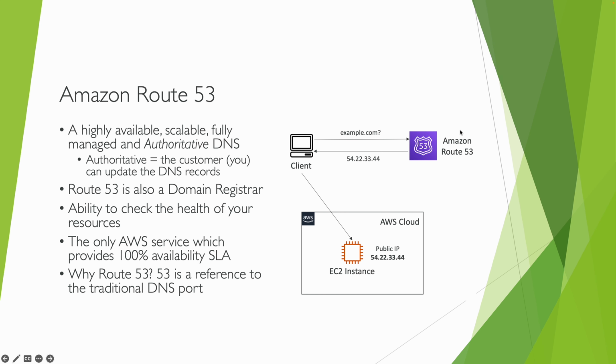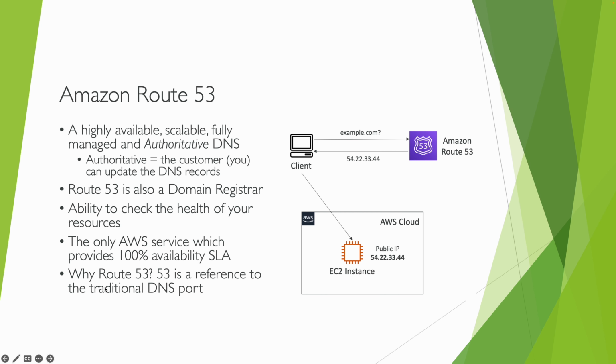Similarly, as we have done in the load balancer. It is the only AWS service which provides 100% availability, so 100% of the services of this DNS are available. There won't be any downtime with this DNS in Route 53.